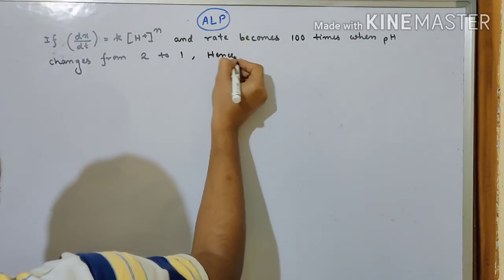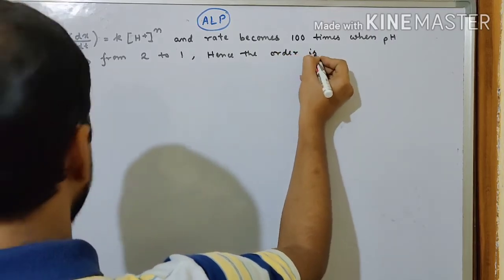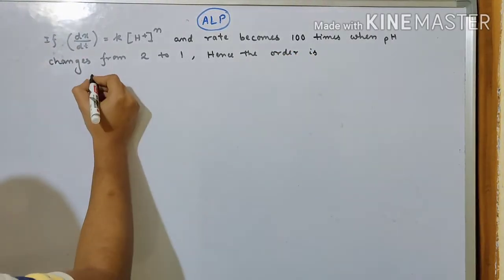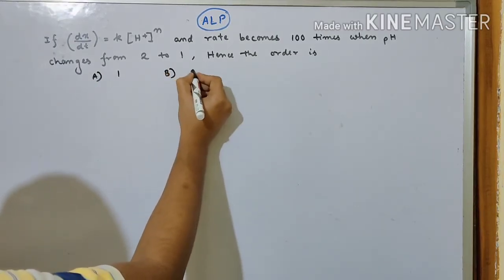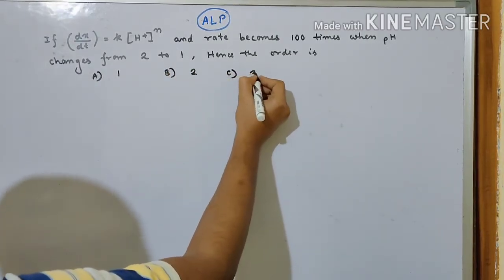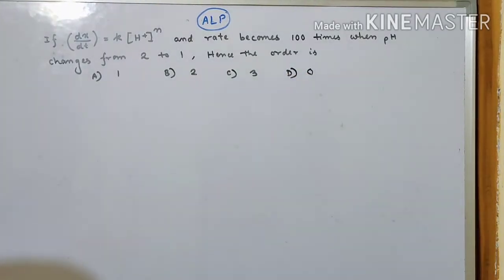Question is hence the order is, options are option A 1, option B 2, option C 3, and option D 0. Looking at the question, every student must be thinking it's an absolutely different type. We have not faced anything like this before. So let us see what are the possible way outs to solve this particular question.